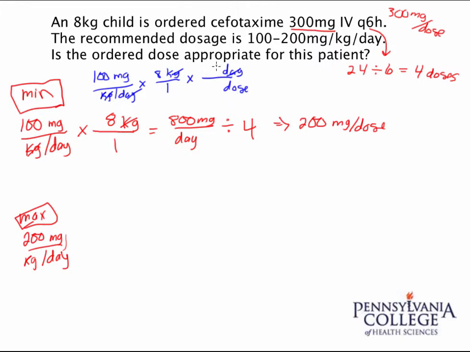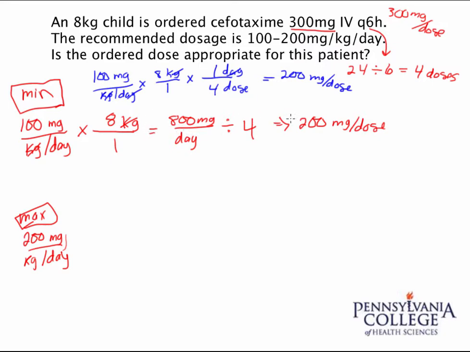And what I know is 1 day is going to be split into 4 doses. So if I multiplied the numerators, I would have 800. In the denominators, I would have 4. This would still result in the 200 milligrams per dose. So you can just use dimensional analysis straight across. If it helps you to break it into pieces, you're welcome to do that as well.